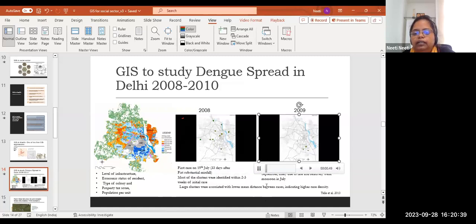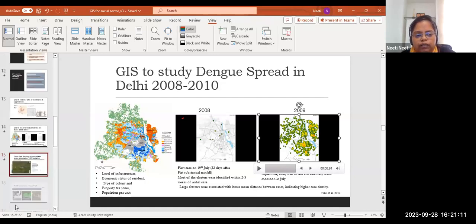Whereas in 2009, the first case also happened in July, but the monsoon was pretty weak in July, so the number of cases picked up later, in September. What the researchers found was that most of the large clusters were associated with a small mean distance between the cases. That means there were high density cases.